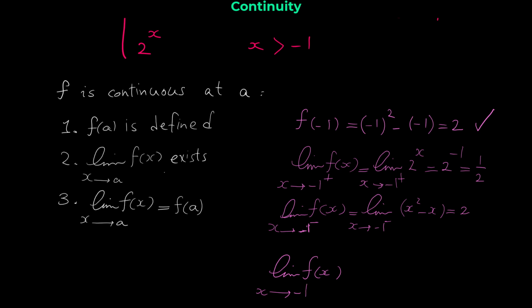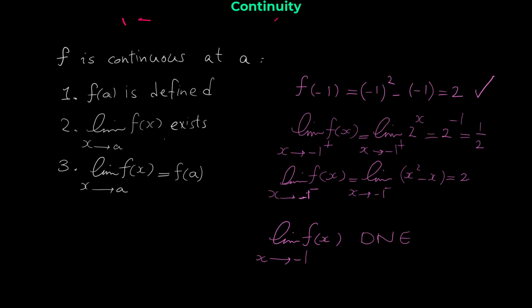So the limit of f of x when x approaches -1 does not exist, and we don't need to check the third condition for continuity. From here, because the limit of f of x when x approaches -1 does not exist, immediately we can say f of x is not continuous at -1.